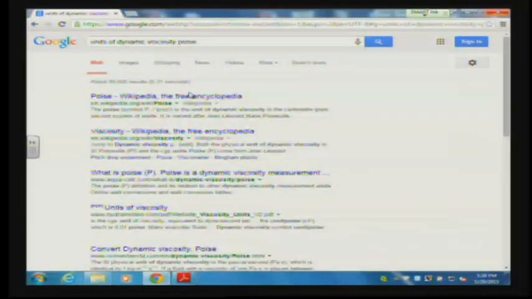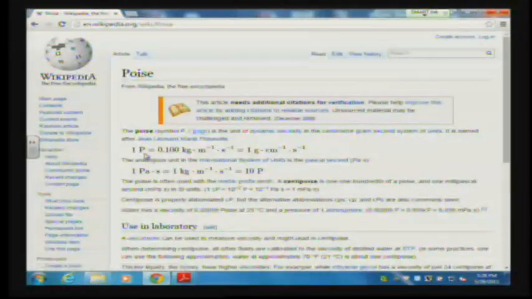A poise is a very large unit of viscosity, abbreviated by the capital letter P, and it's a kilogram per meter per second, or a Pascal second. Let me write this down. Equals Pascal second is 10 poises, and the plural is poises.